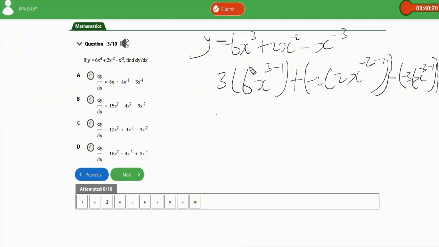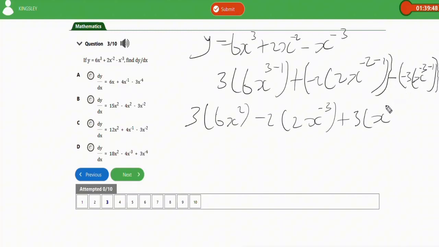If we simplify this, you're going to have 3 times 6x, 3 minus 1 will give you 2. Now plus times minus, we have minus 2x, minus 2 minus 1, that's minus 3. Now minus times minus will give you plus, so we have plus 3 in bracket x, minus 3 minus 1 gives you minus 4.